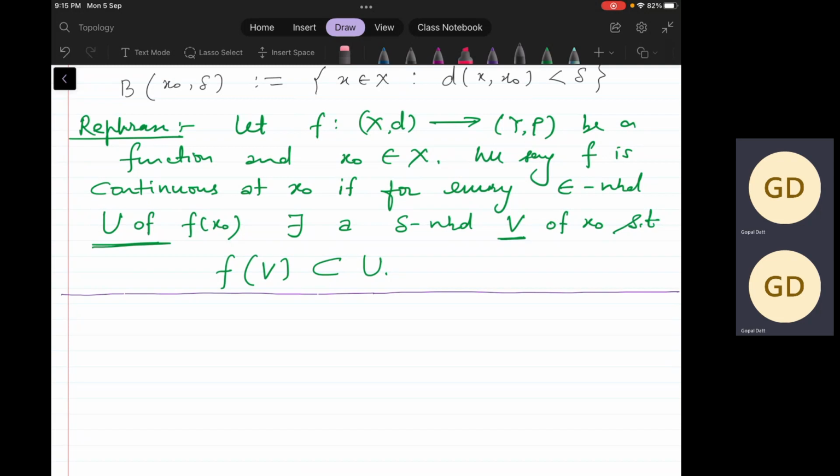So let us recall the definition of open set. What is an open set?